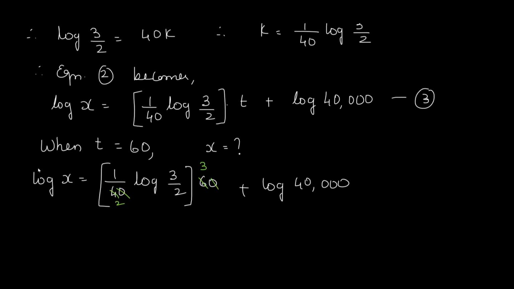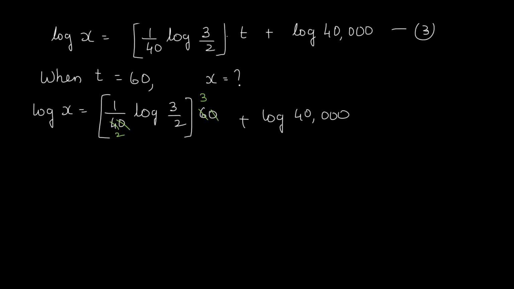And thus we have log x is equal to 3 upon 2 log 3 upon 2 plus log 40,000. Now observe how we modify the first term in this case.